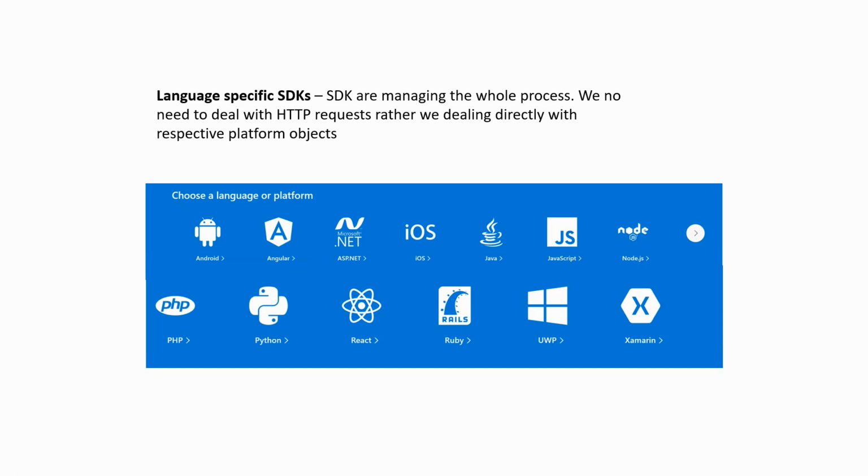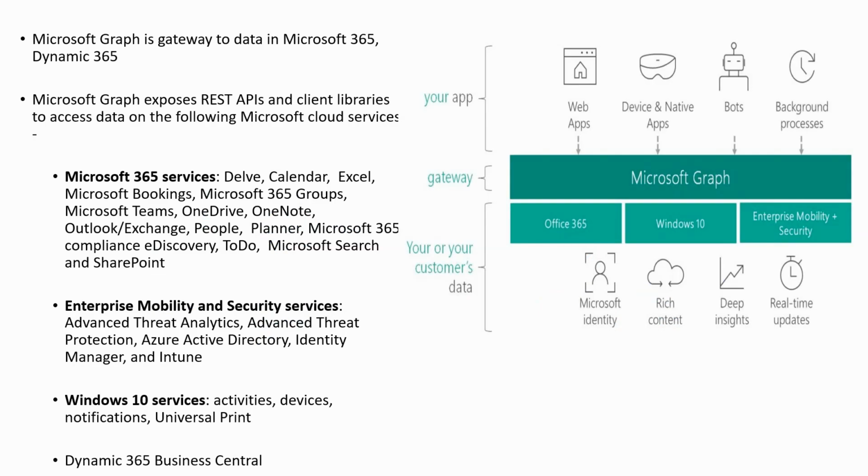If you see on the screen, SDKs are available for Angular, Android, .NET, iOS, Java, JavaScript, Python, PHP, and React. They are very easy to use. We just need to add the respective references and start using the SDKs. If we don't want to deal with HTTP requests, we can work directly with the respective objects. That is one of the advantages of Microsoft Graph.